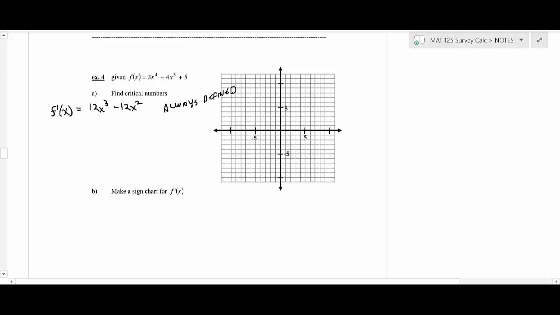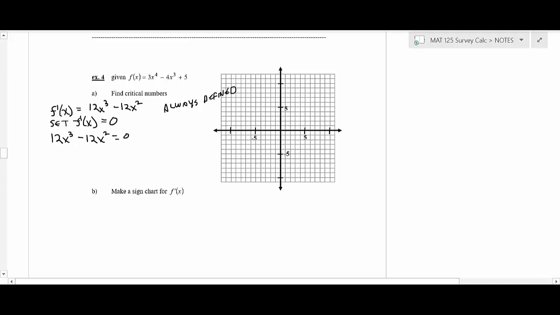Well, that's defined everywhere. There's no zero denominator, no negative under a radical or any of that mess. Everything's cool. So what we're going to do is we always set that derivative equal to 0 in order to find our critical numbers. Okay, so we have this equation we've got to solve.